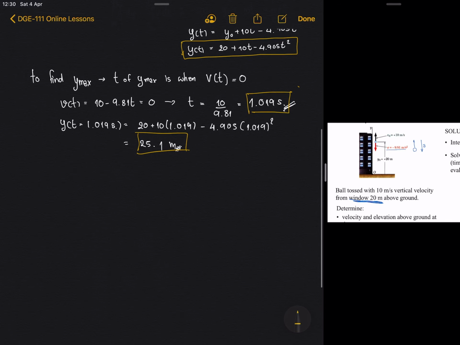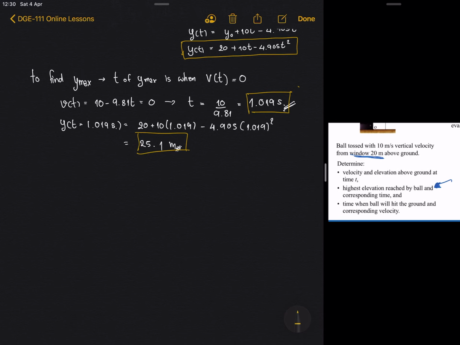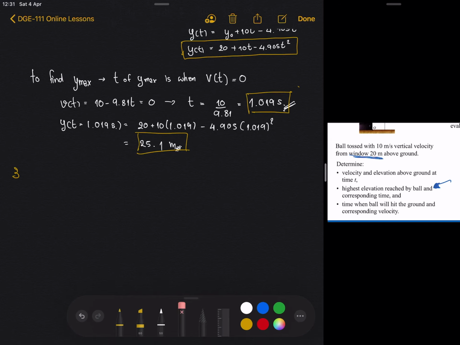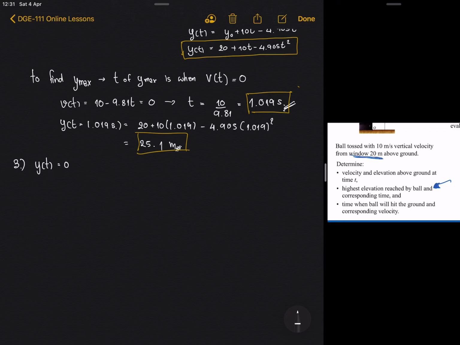Okay, so next, what did they ask again? The time when the ball hits the ground and the corresponding velocity. Okay, so what is the time when the ball hits the ground? So y(t) is equal to 0, right?